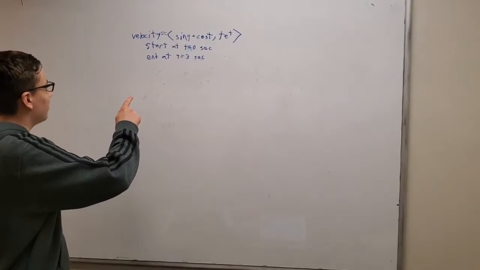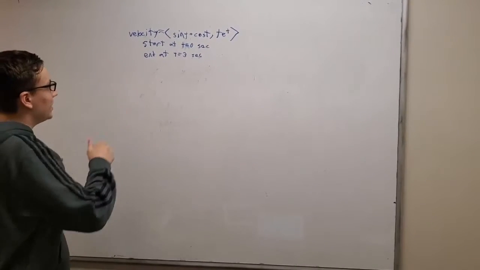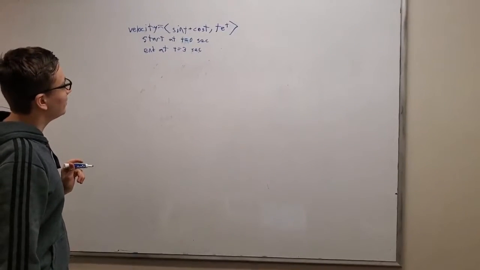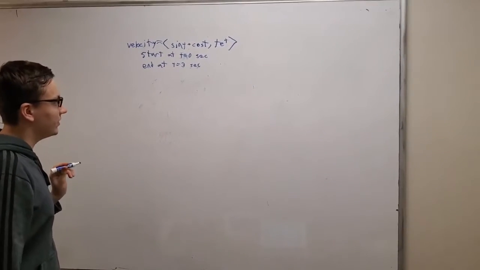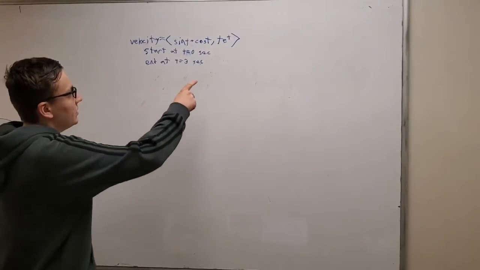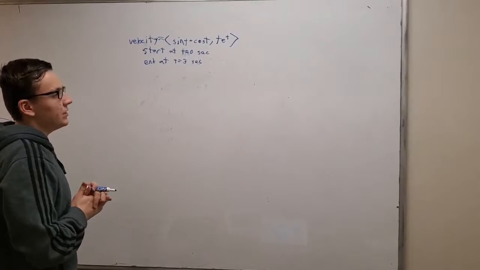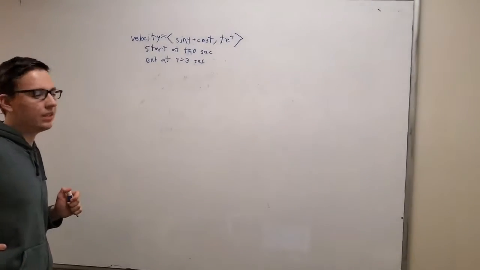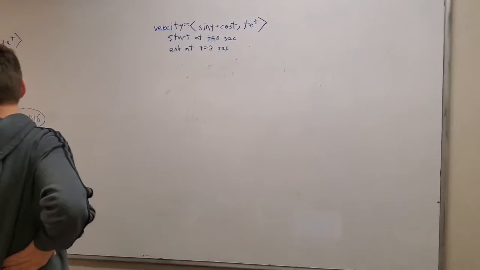So in a problem given that the velocity is sine t plus cosine t for dx over dt, and dy over dt would be t times e to the t, and we start at 0 seconds and we're ending at 3 seconds.